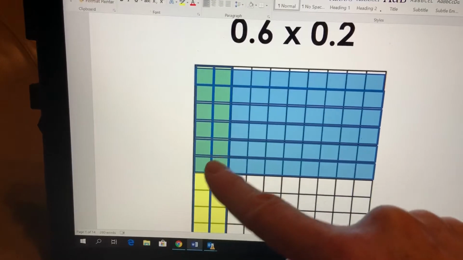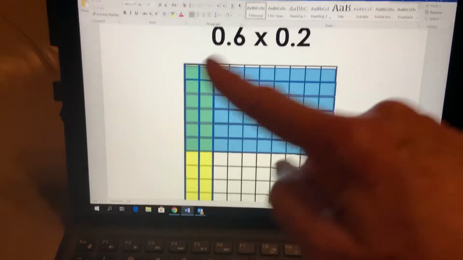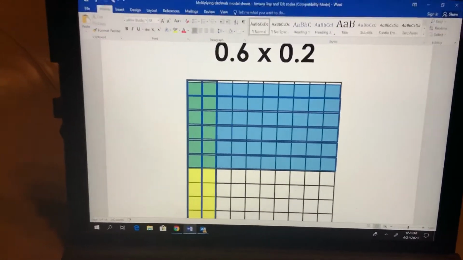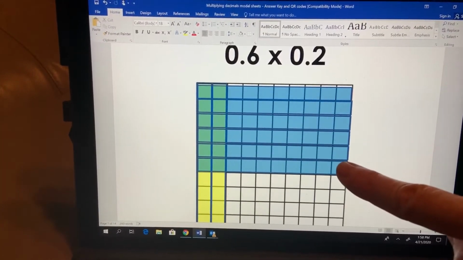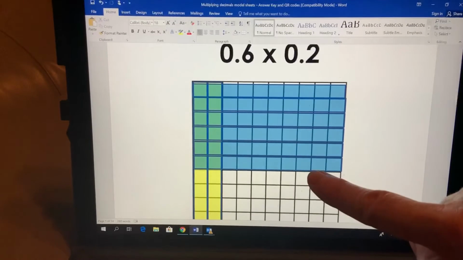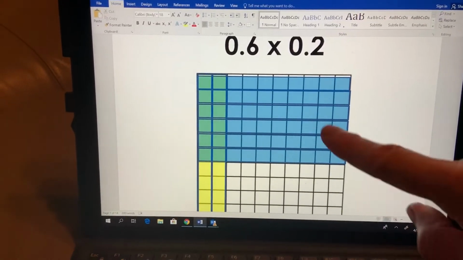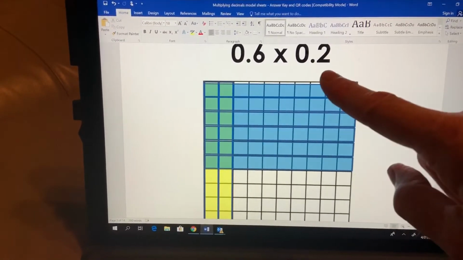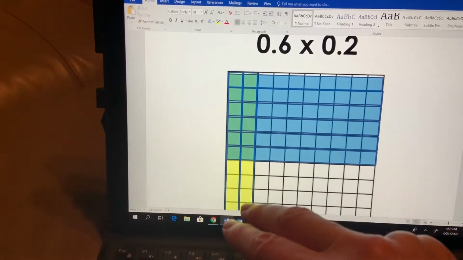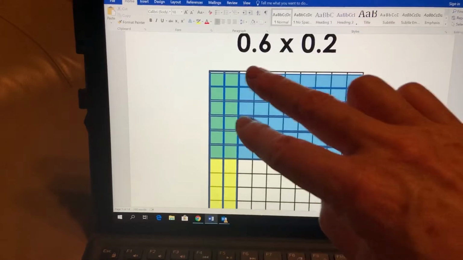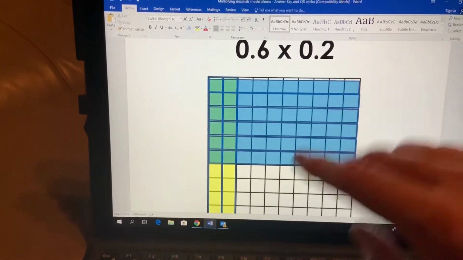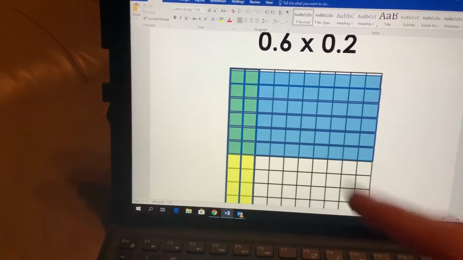There's going to be 12 colored in out of 100, which is 12 hundredths. Again, we had six blue lines out of 10 shaded in, 6/10, and 2 yellow lines out of 10, shaded in the opposite way. And the overlapping area of 6/10 times 2/10 is 12 hundredths.